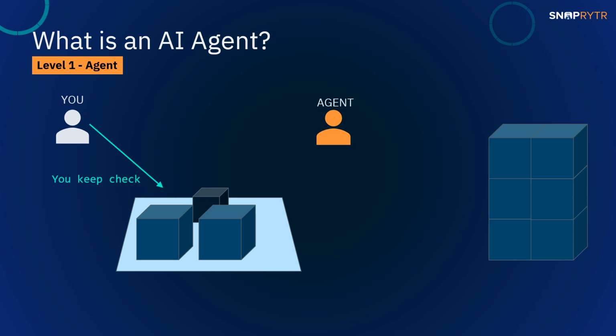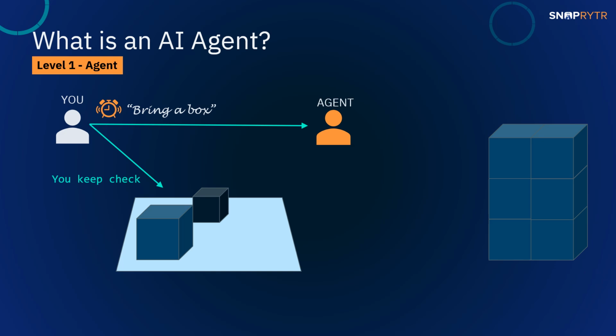Consider a scenario where your job as a human being is to keep all the boxes full. Now you hire an agent so that you can ask him to bring a box if there is a missing box here. So your job is to keep the box count up to 3.